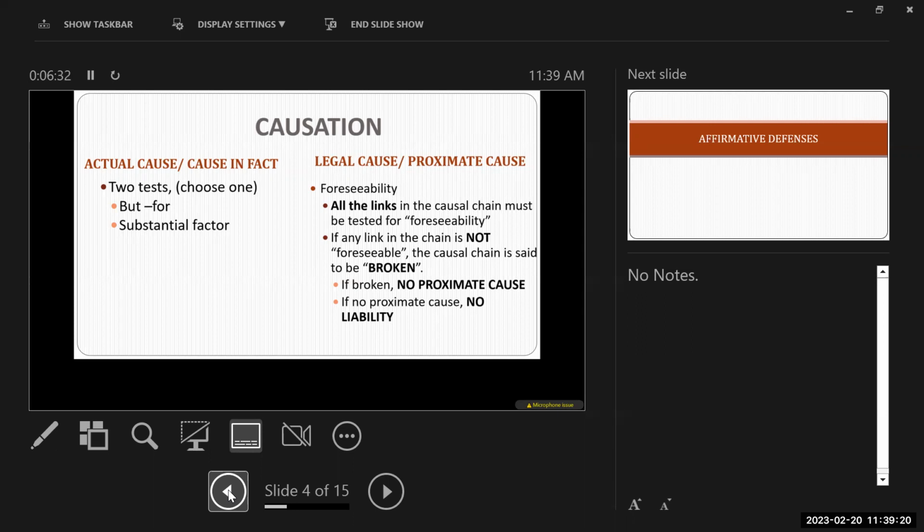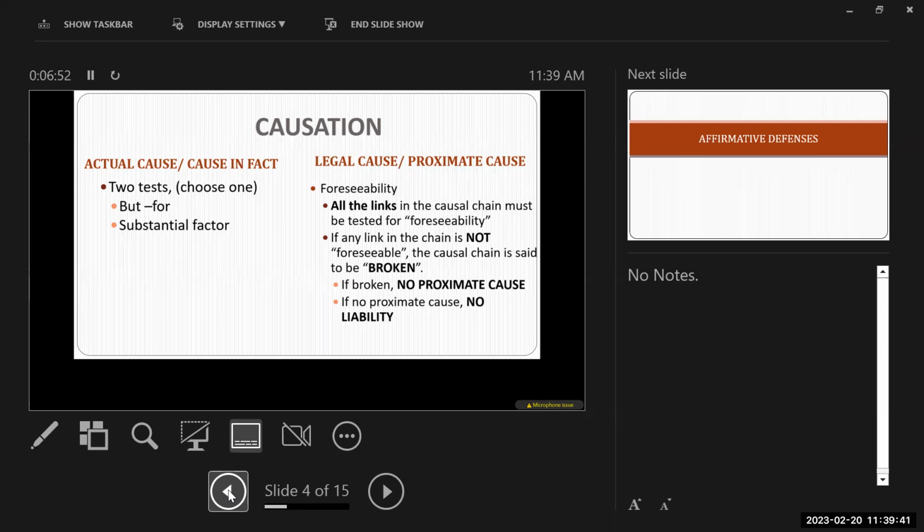But for that act, we wouldn't have an injury. But for that act, we wouldn't have an injury. So it's literally but for, okay? That's one way to test for cause in fact, also known as actual cause.